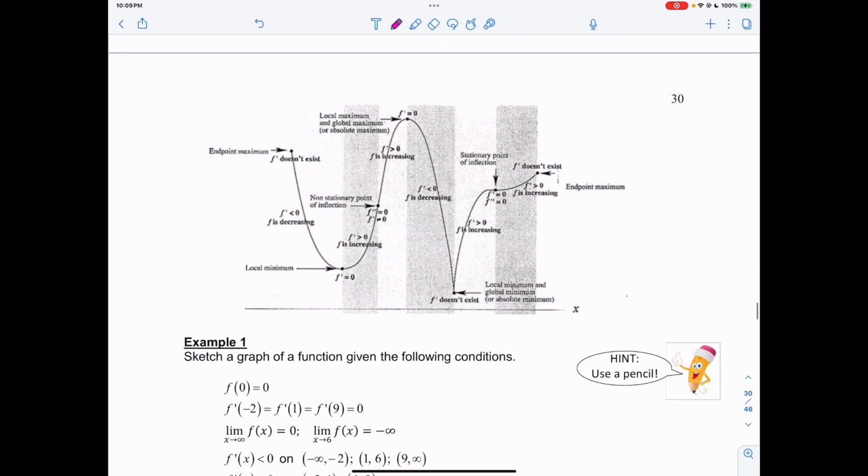So here's an example pulled from your textbook where it graphs out everything that's going on with the graph, pointing out all the key points, whether it is a point of inflection, whether it is a maximum, whether it is a minimum, whether it is a cusp.